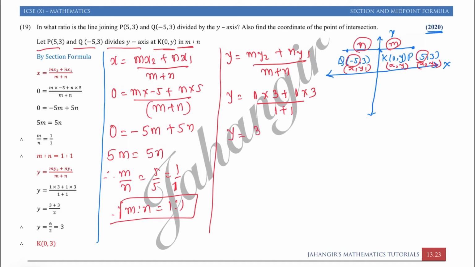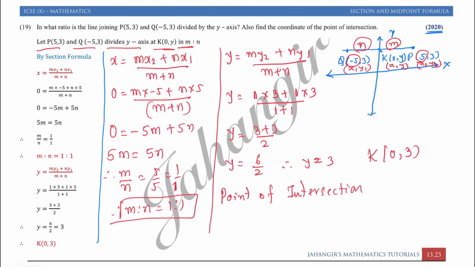So y is equal to 3 plus 3 upon 2, y is equal to 6 by 2, therefore y is equal to 3. We have to find the point of intersection, so therefore I can write K value is 0, 3. So therefore in my last statement I will write point of intersection is K 0, 3. Hope this is clear.